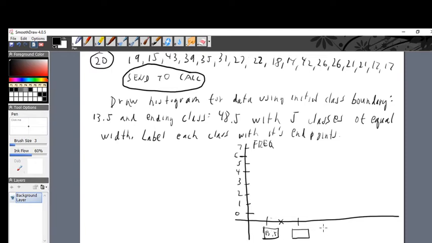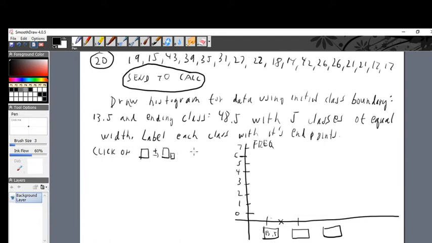Okay, and then there's another box, and if you don't have enough boxes, there's an icon to click on that says add a box.